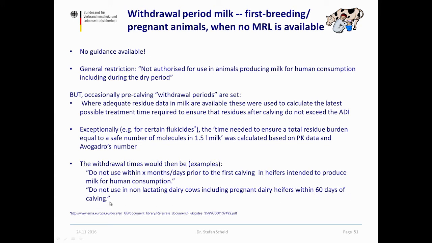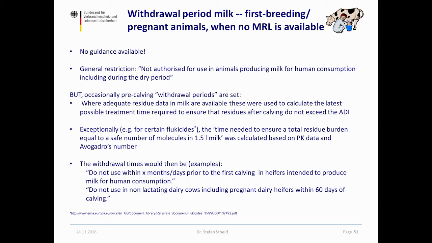So the assumption is if you don't use it within 60 days of calving, the residues would be safe. There's no guarantee that there are no residues because you have no MRL in milk. So when there's no MRL for milk, the assumption would be zero tolerance for residues.